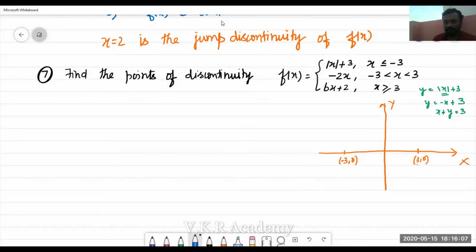So if this is the point 0, 3, the graph would be this. After this point, minus 3, it will be a solid line.